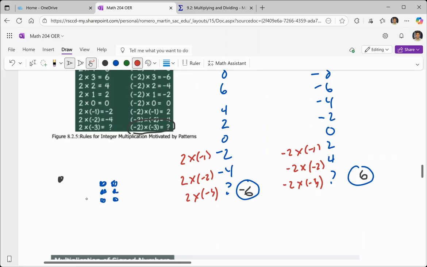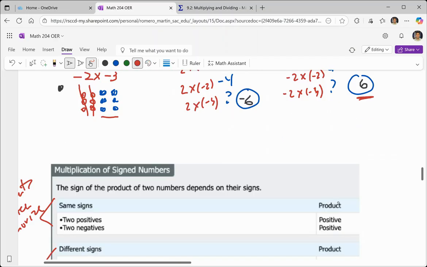So again, looking at this problem, negative 2 times negative 3, we could say take away two groups of negative 3. So I'm going to take away that one and that one. What are you left with? Positive 6. Another way to think about it.